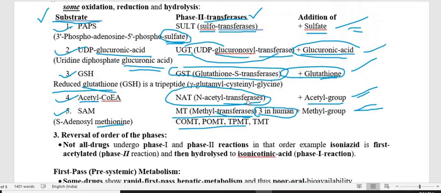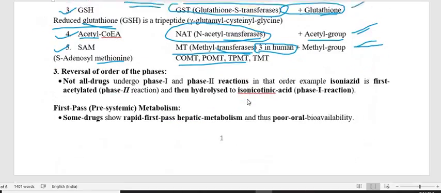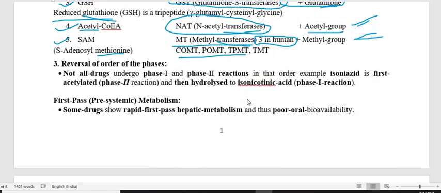So this is all about the phase 2 reaction. This is very, very important and interesting also. Here I'm going to mention one most important thing: when you go through the general principle of metabolism, you will find a drug is primarily or mainly metabolized in a sequence, that is, first through the phase 1 reaction, which forms the drug metabolites.